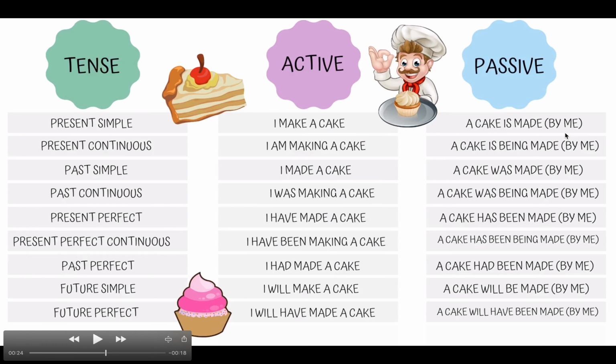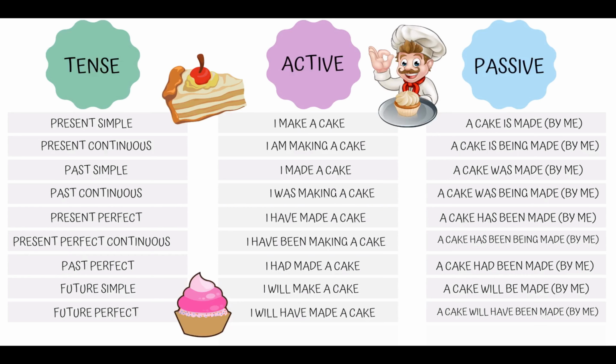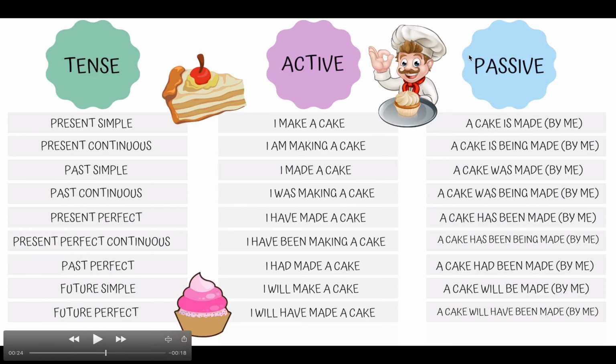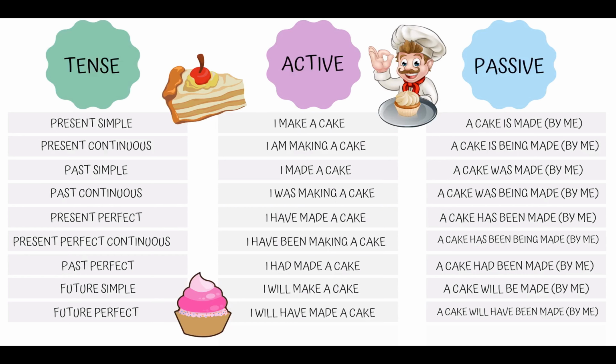And can you see what I was talking about with the subject? So here we have the I, and now it's not important, it's not necessary to know who, but if we do want to include it, we can by putting by me, and we use the brackets because again, it's not a compulsory or necessary thing to do, okay?